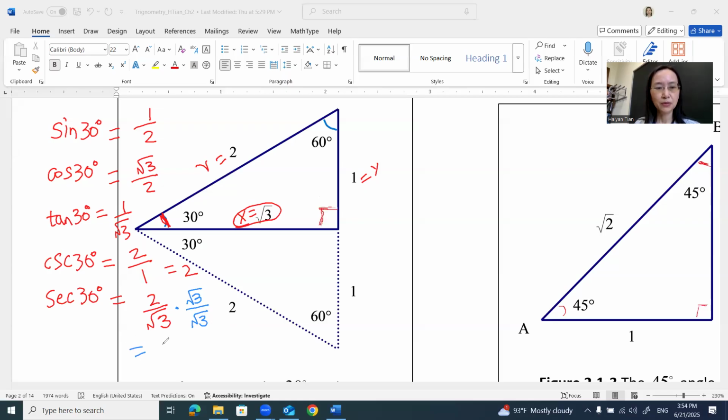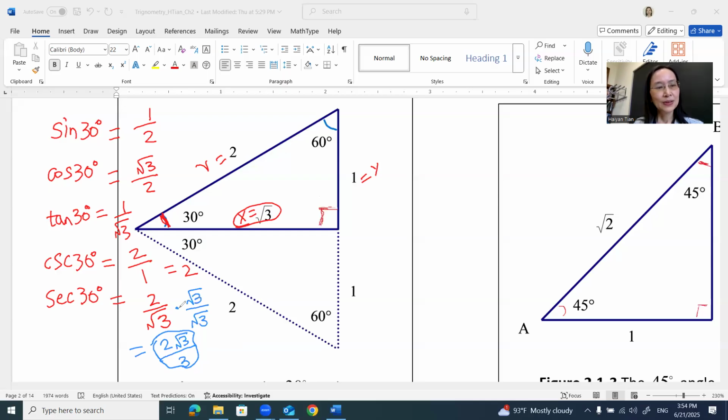So the numerator becomes 2 times the square root of 3. In the denominator, square root of 3 times square root of 3 gives 3. So you see, the answer is a fraction, and the denominator is no longer irrational.